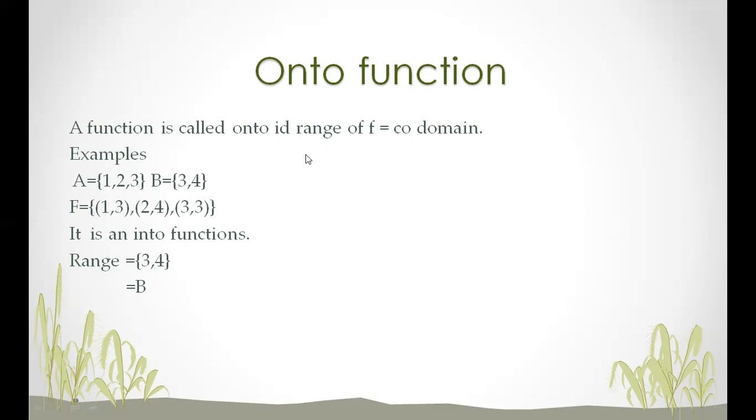That's why, before starting onto functions, we learned about domain, range, and codomain with the help of examples, to understand these terms clearly. After learning these definitions, we can learn about onto functions easily. We have two sets A and B, and we make a function.